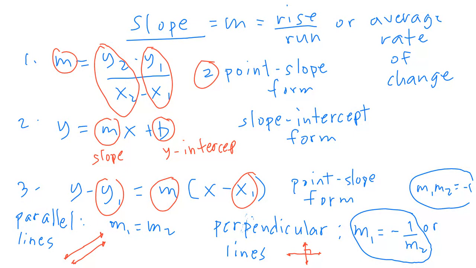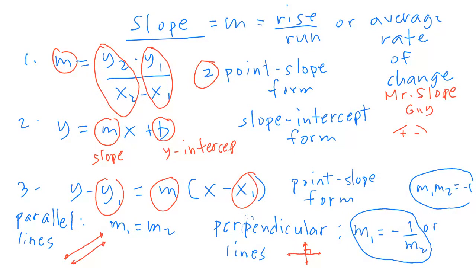Okay? And plus Mr. Slope guy. So in order for us to remember, the line that is going up has a positive slope. The line going down would be a negative slope.